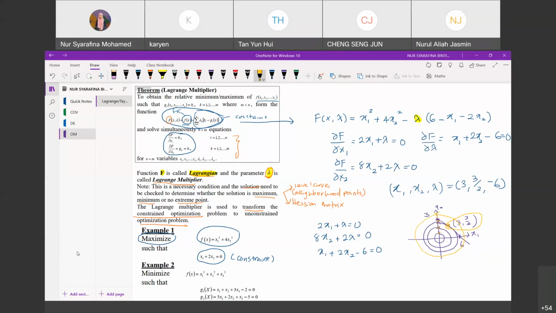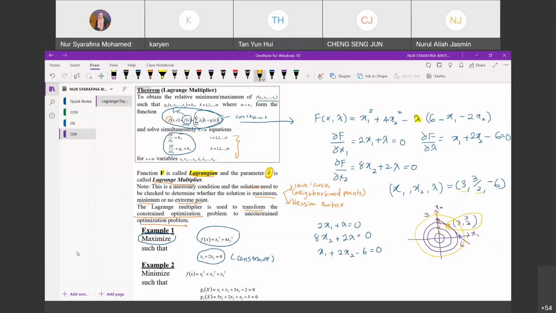That level curve can be any value. Okay, K equals 4, K equals 5. So this is on the constraint. Okay, as long as it is lower than the level curve, then we cannot say that it is a maximum. Okay, as you can see from this point and this point, the constraint is fulfilled.